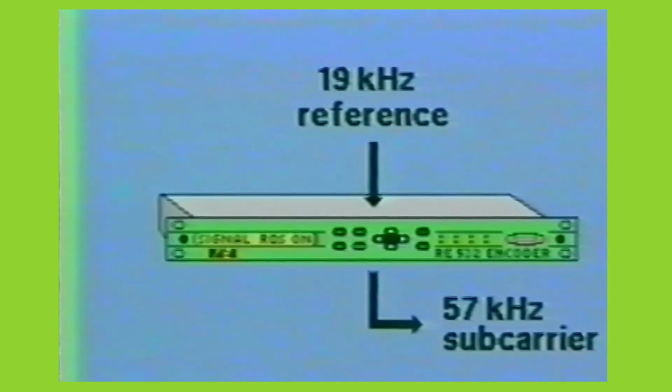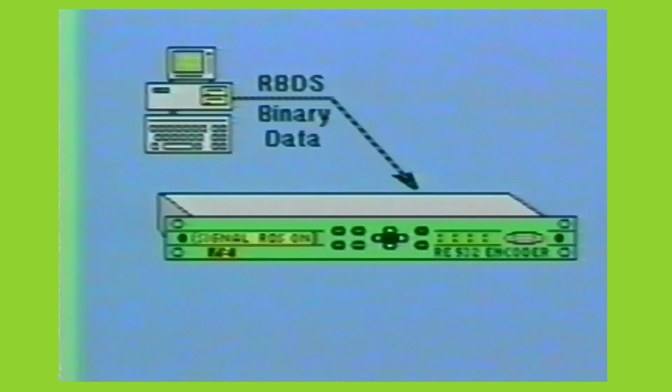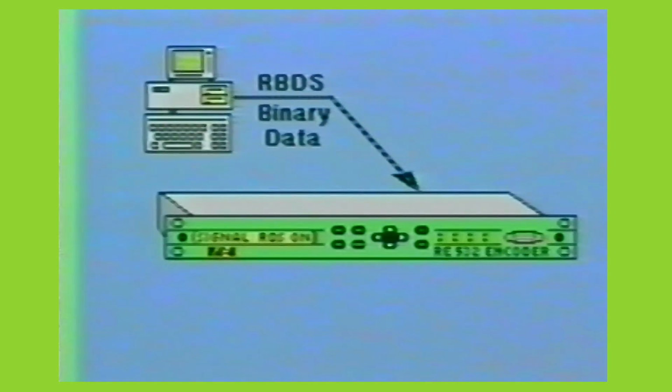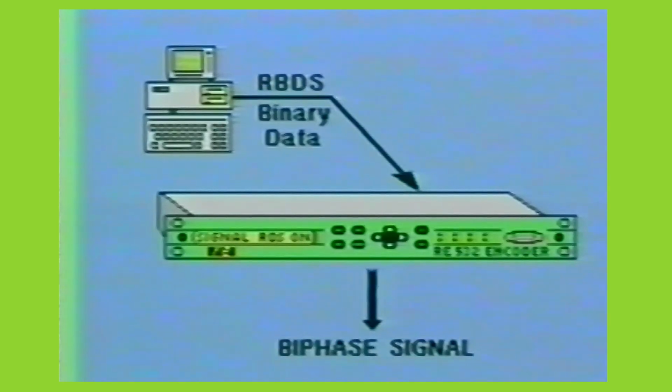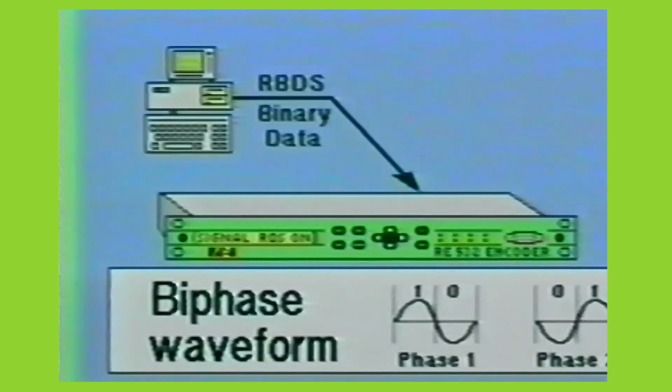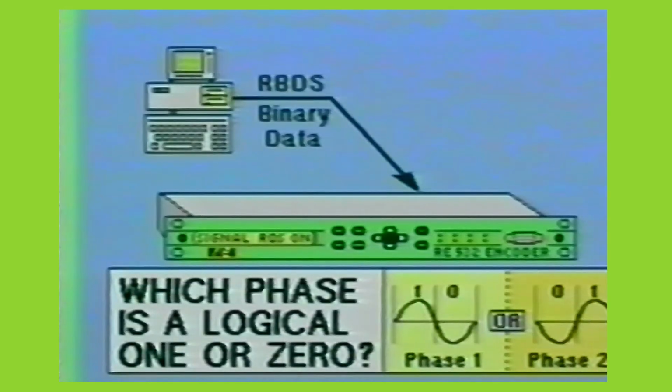The RBDS binary data is converted into a biphase signal which amplitude modulates the sidebands of the 57 kHz subcarrier. The biphase method of data transmission offers the receiver no direct way of determining which phase is a logical one or a logical 0.